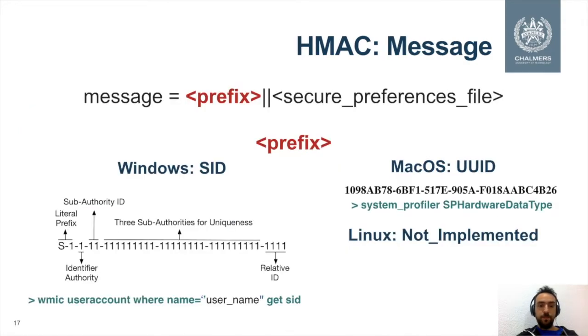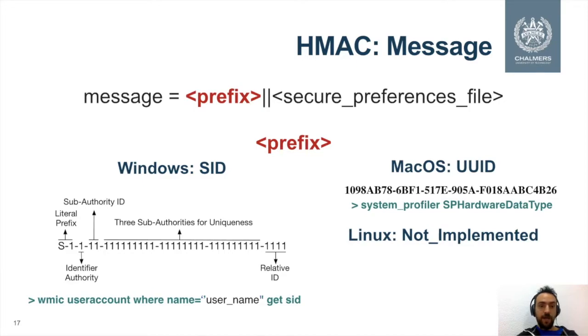The message is basically composed of two main parts, a prefix and the content of the secure preferences file we want to modify. The prefix depends on the platform the user has. For instance, in the case of Windows, the prefix is the SID without the last 4 digits that basically correspond to the relative ID.